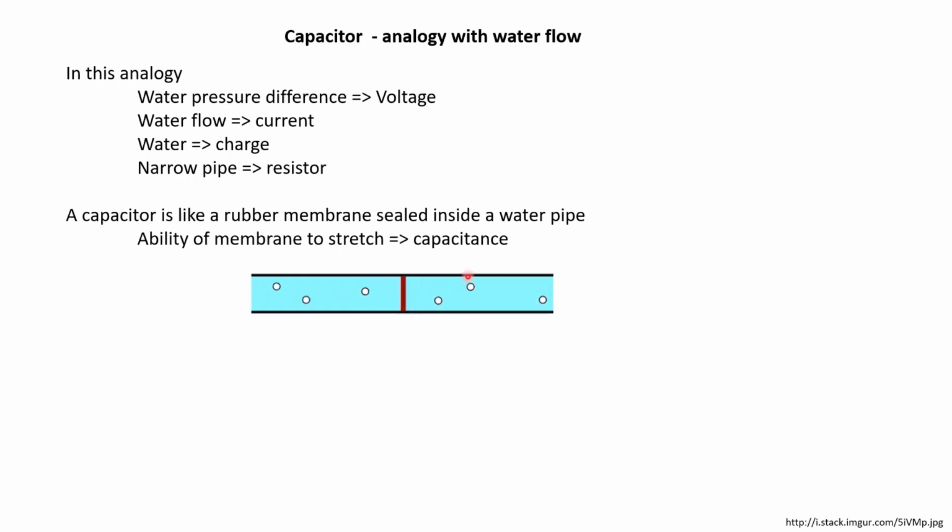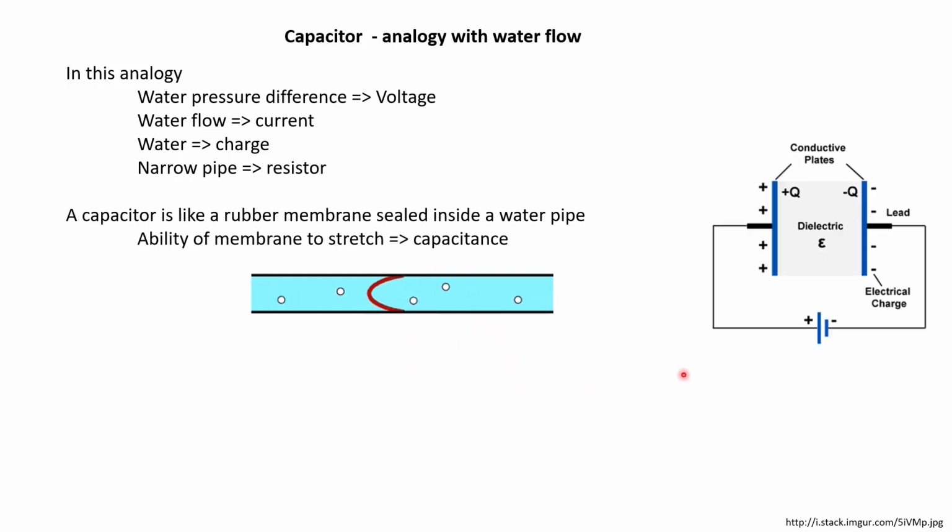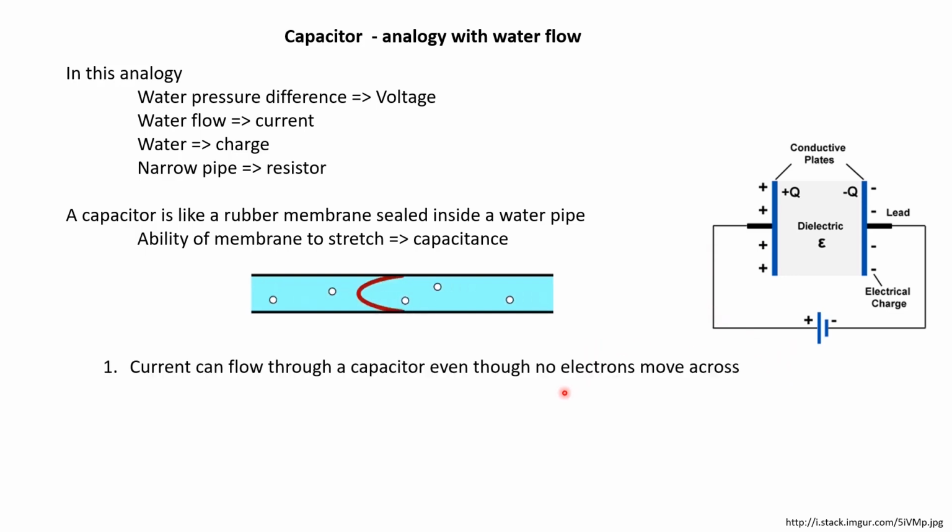Now let us compare this membrane with the electrical capacitance. We can see that there are several similarities in their behavior. One obvious thing is that if you apply some pressure difference, current can flow. In the case of the pipe, if you apply a pressure difference in water, water will flow through this pipe, even though no water molecule is actually crossing this membrane.